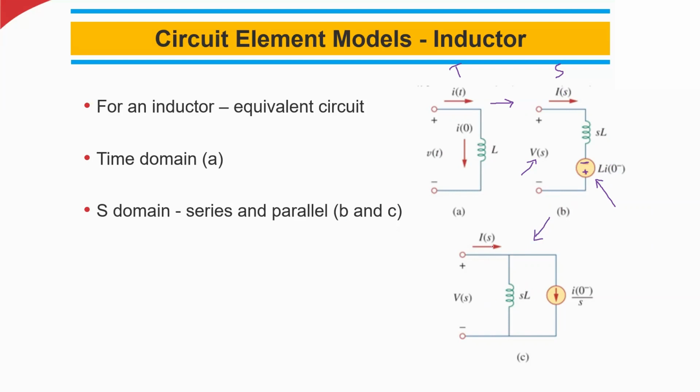Here we have V of S, I of S, SL, that is the inductor, and this initial current we are putting in parallel, that is I of 0 minus divided by S. So in the S domain, one form has the initial condition in series, and the other has it in parallel. This is how we have to represent the inductor in the S domain. S domain is nothing but the Laplace transform of the time domain.